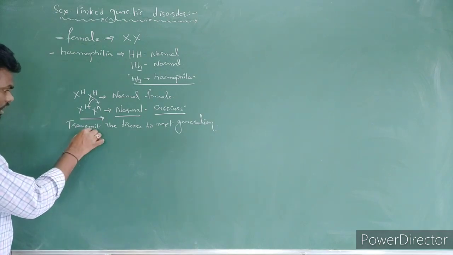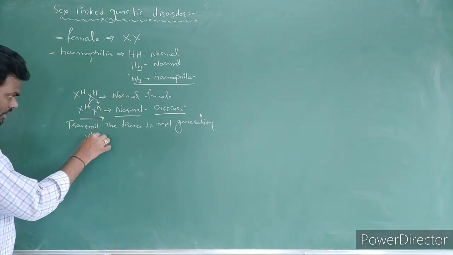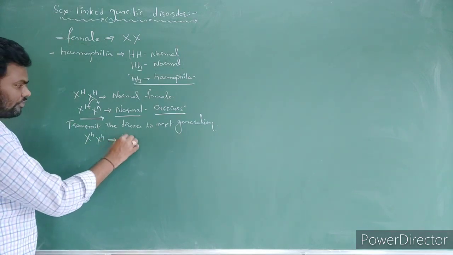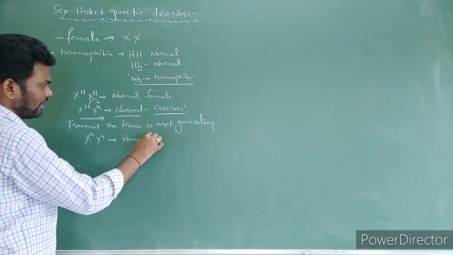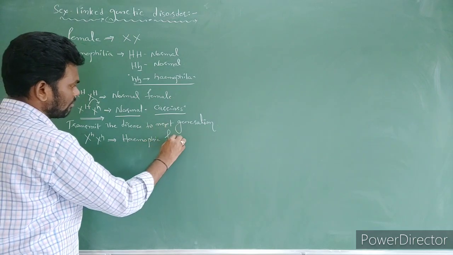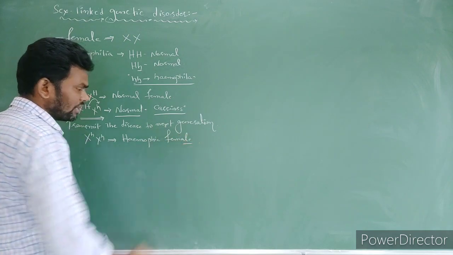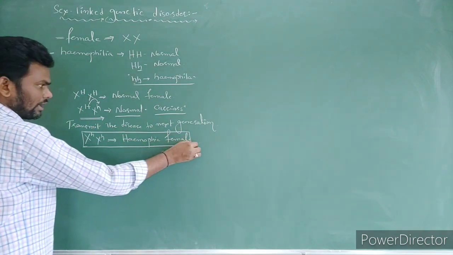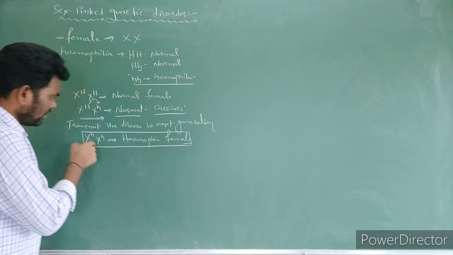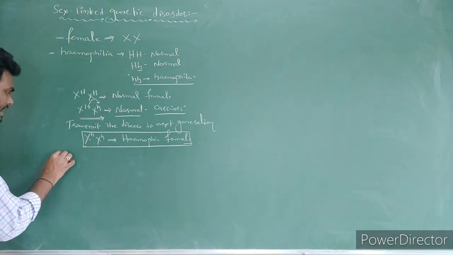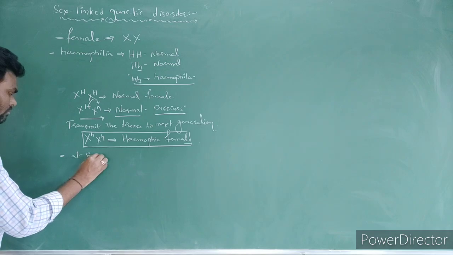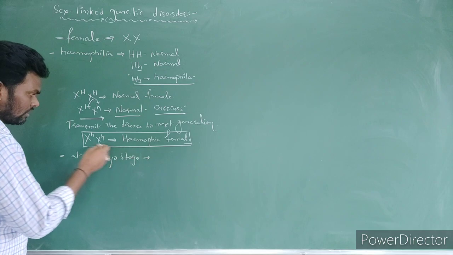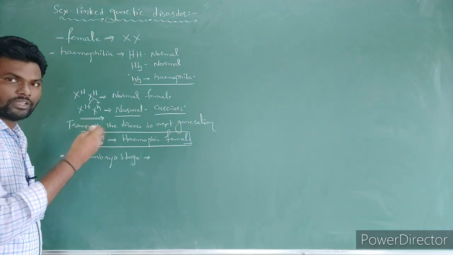Next, when the disease forms, X small h, X small h, in this case a hemophilic female is formed. But generally in society this allele condition female does not appear, because if these types of genes are formed at the embryonic stage, the baby is going to abort, so the baby is going to die.